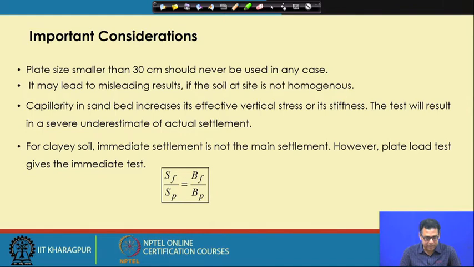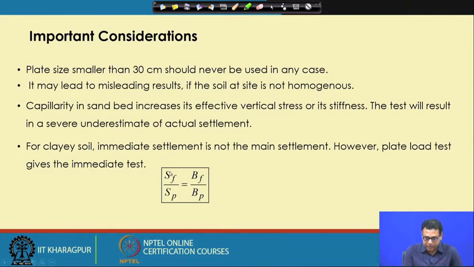Another limitation: in clay soil, we know the consolidation settlement, the time dependent settlement or the long term settlement is the major thing, but here we are getting only the immediate settlement. So, if I use this settlement, then we have to use these expressions.